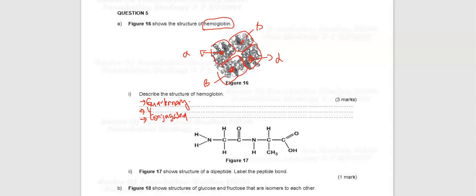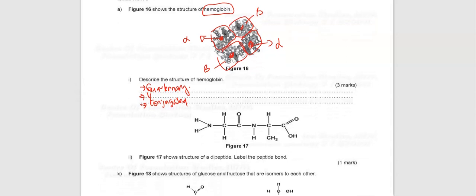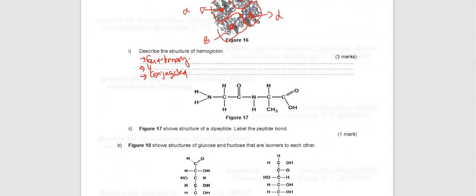It has other non-protein components. When hemoglobin binds to oxygen molecules, it is known as oxyhemoglobin.